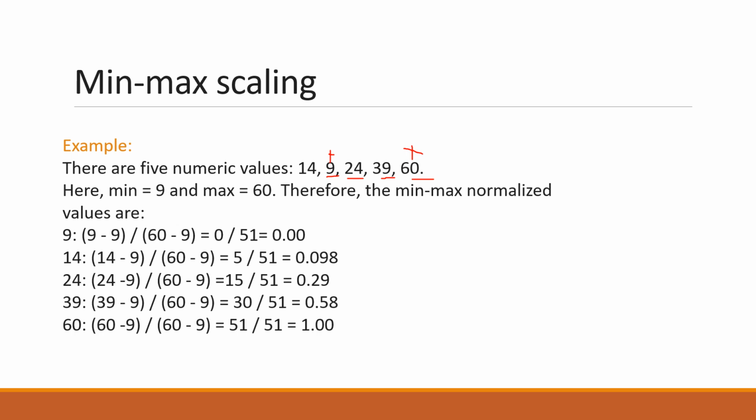This scales the value to a range between 0 and 1. So, for the value 9, the normalized value would be 9 minus 9 over 60 minus 9, which is 0 over 51, which is equal to 0.